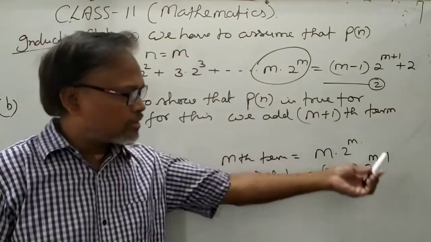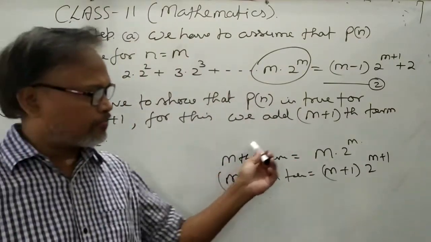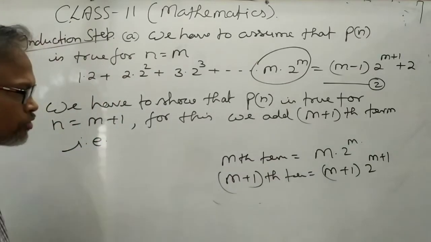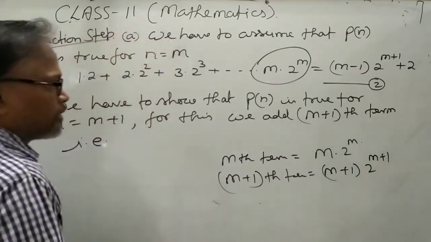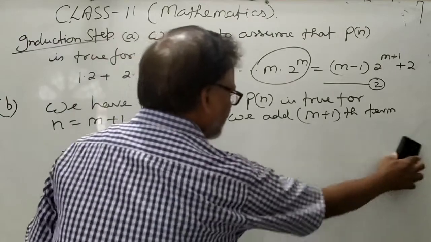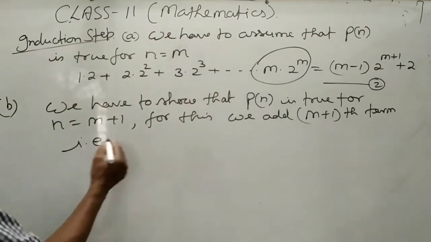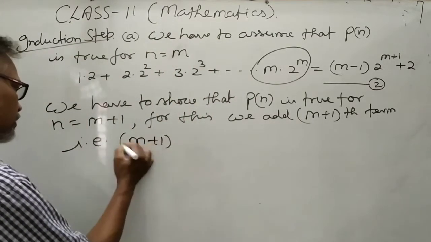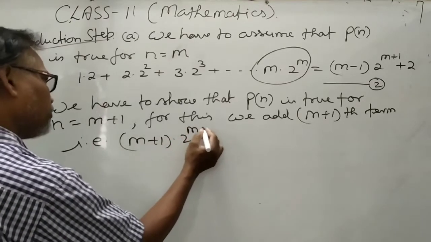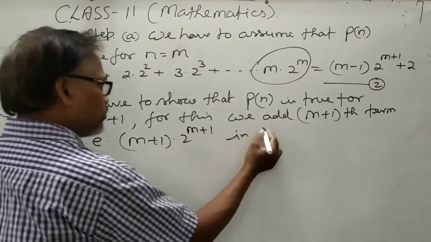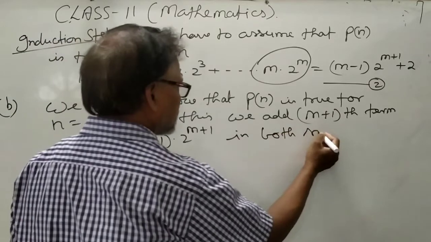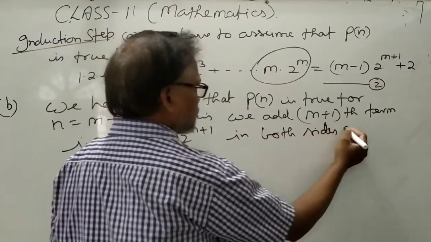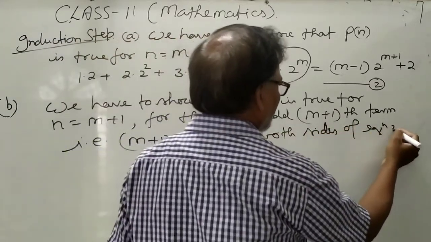You can write this on the side of your copy for your knowledge. So it will be (m plus 1)·2 to the power (m plus 1) added on both sides of equation 2.